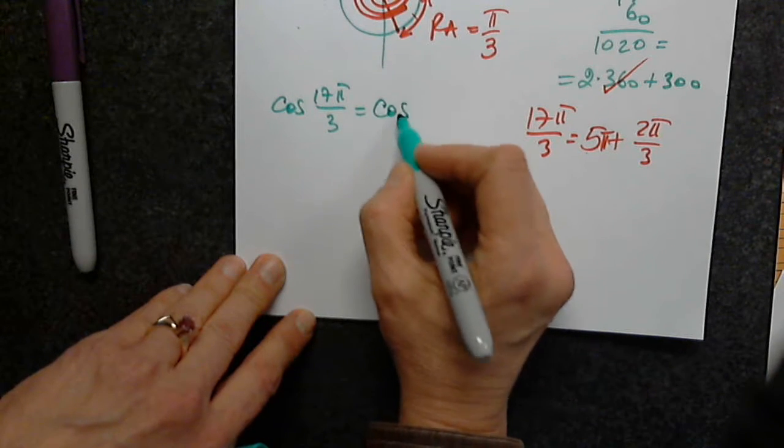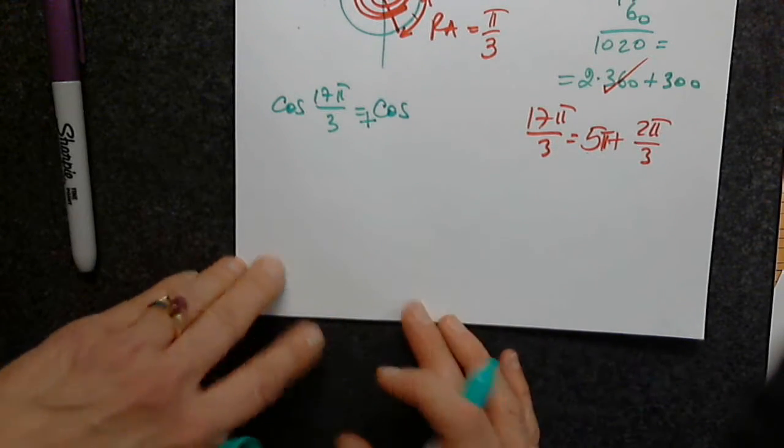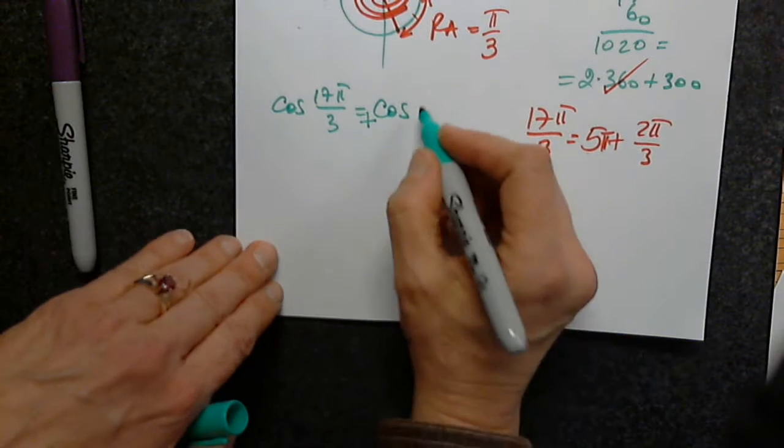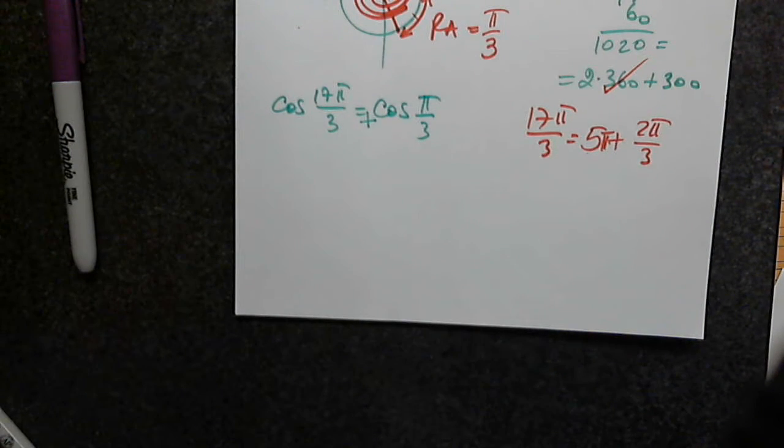It has to be cosine, yes. Yes, if you want to emphasize that, that's fine. It must be cosine of the reference angle. So it's either positive cosine of the reference angle or negative cosine of the reference angle, right?